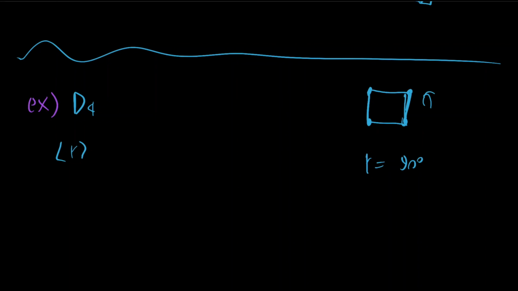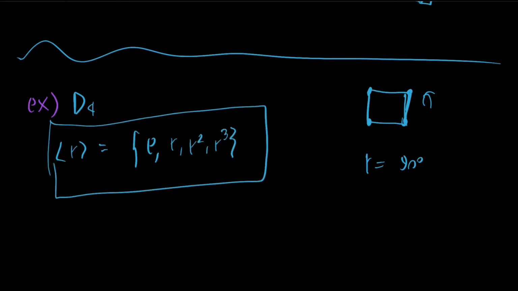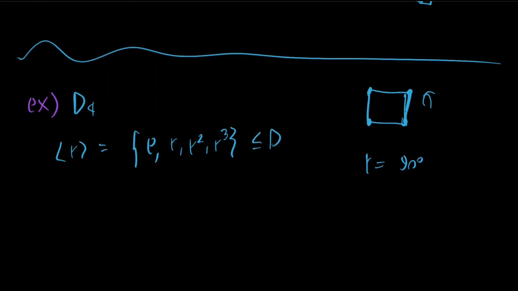What is the subgroup generated by this rotation? Well, it's the powers of this rotation, and we have seen in the other videos what these powers are. It is just the identity, which keeps everything in place, then R squared and R cubed, and this is it. This is a subgroup of D4.